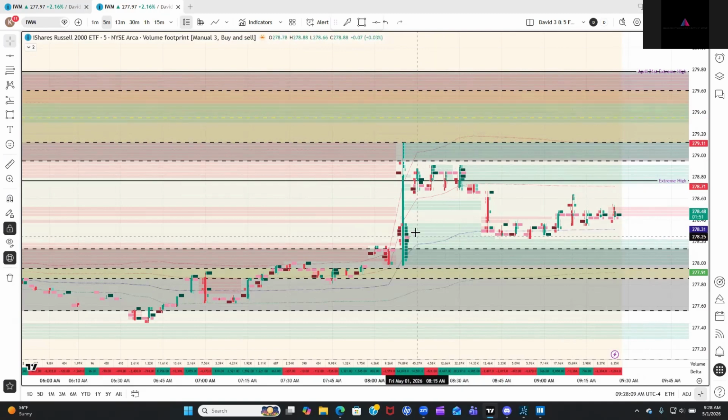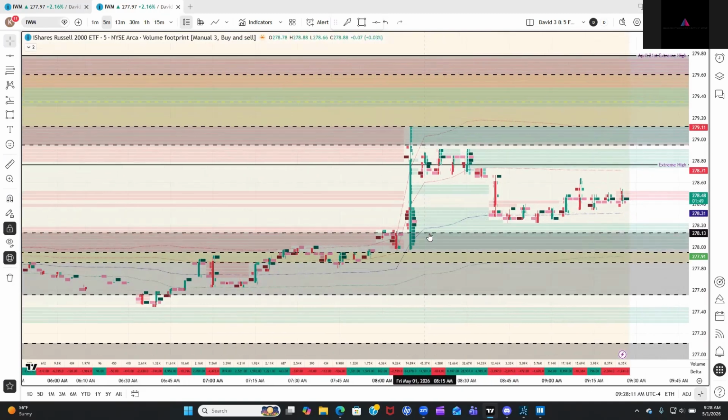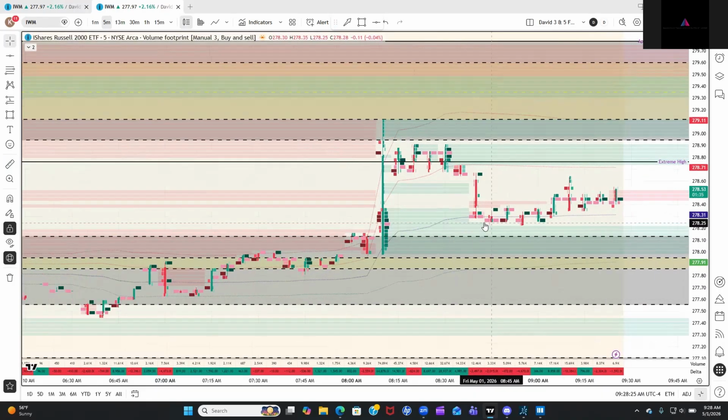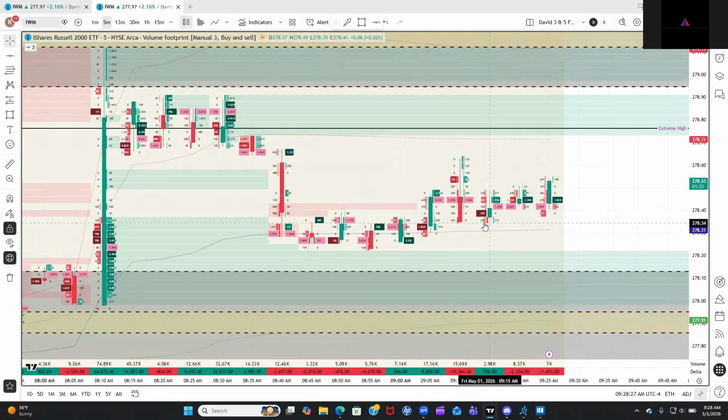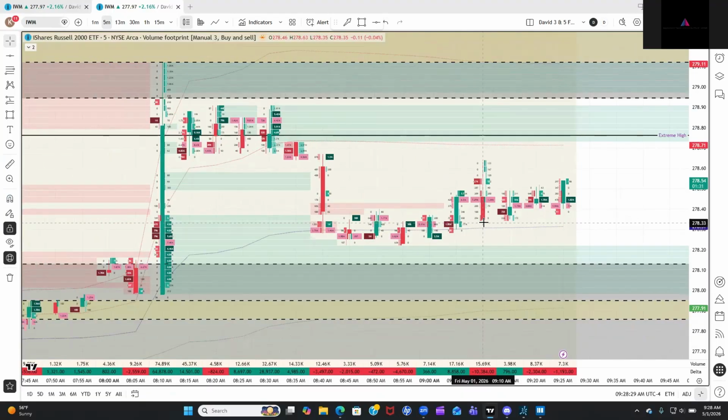So that's one focus. The other focus is here at 278.13 down to 277.56, with the focus around 277.95 to 277.86. Looking for the market to create some urgency.